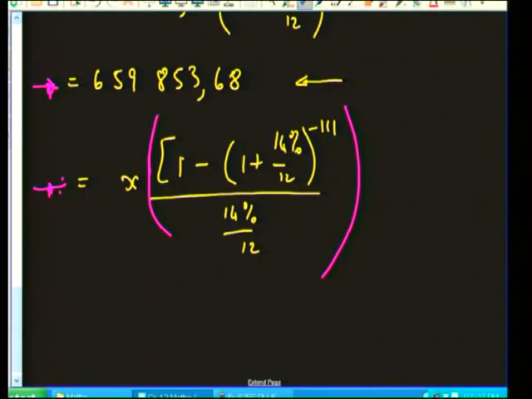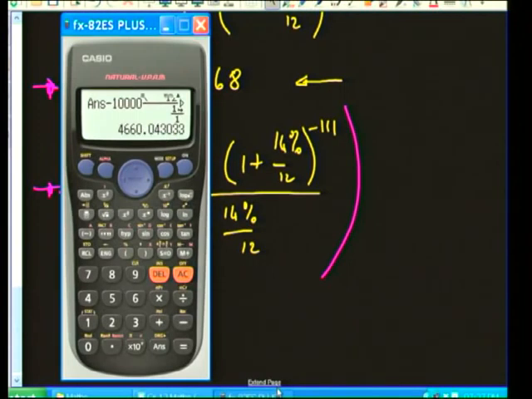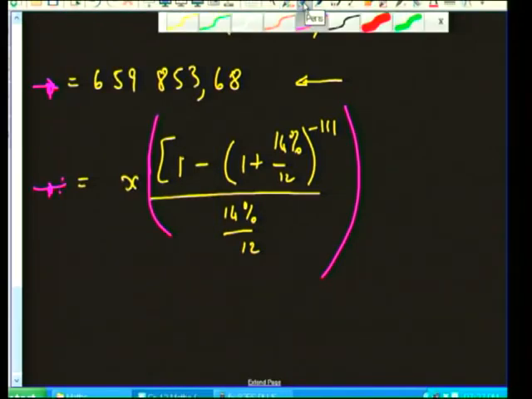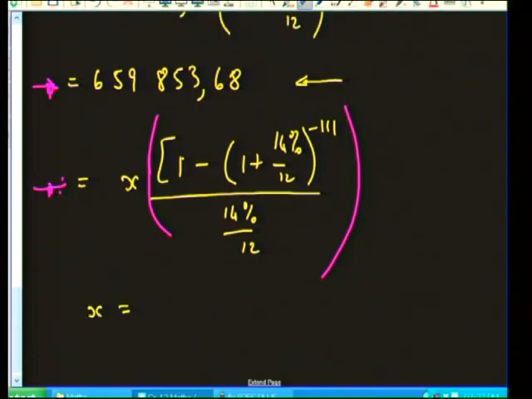And then we will get our x. We can pop up our calculator and do the whole calculation. But because I want to save a bit of time, I've done it before, and I get x equal to 10,632 Rand and 39 cents. That is what our new payment plan is going to have to be.